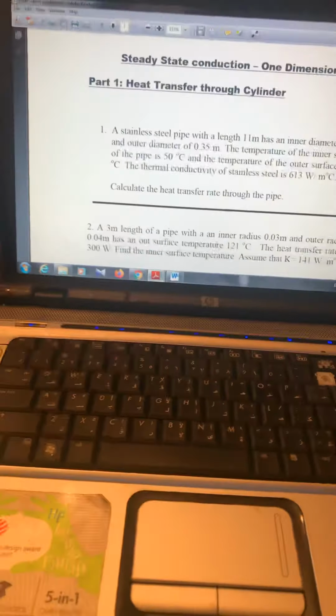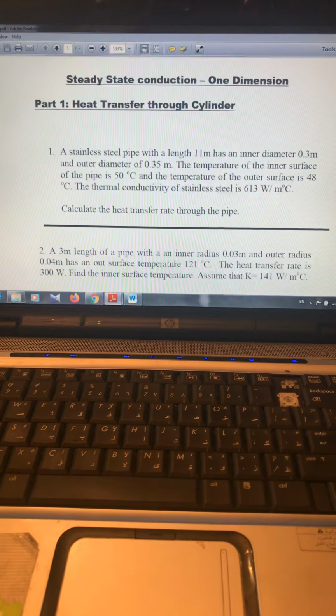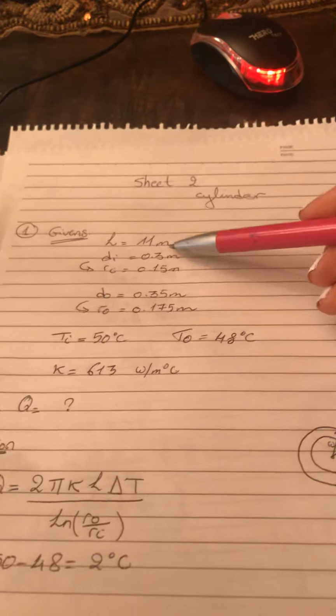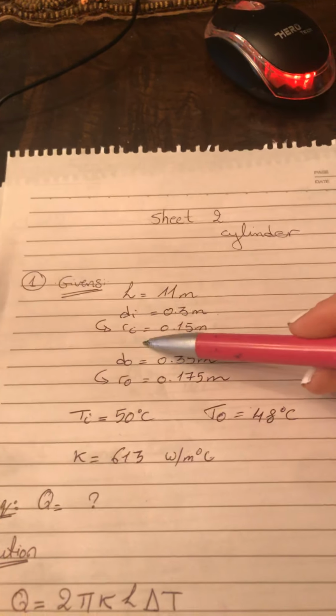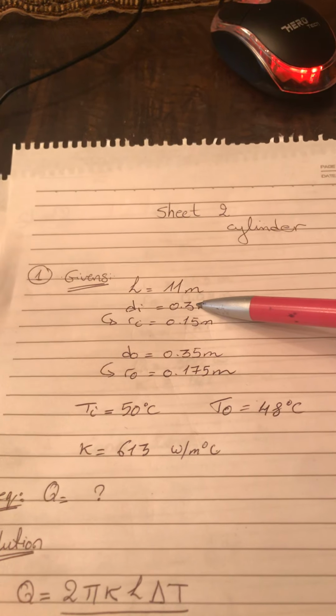A stainless steel pipe with length 11 meters has inner diameter 0.3. So you write the length equals 11 meters, diameter equals 0.3, radius is the diameter divided by 2, and you get the radius. Then he tells you that the outer diameter is 0.35 meter.